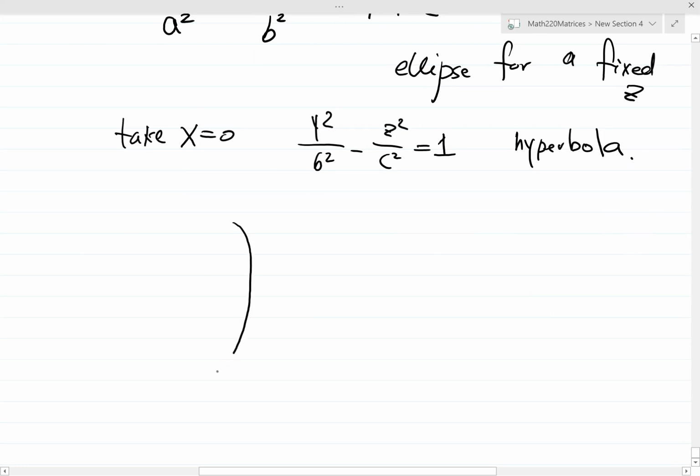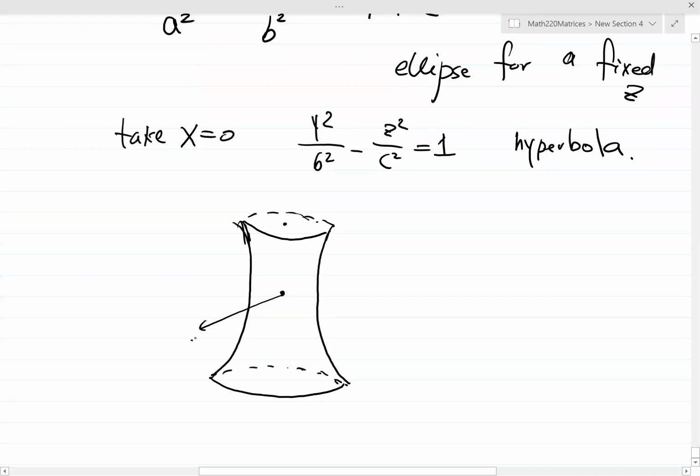You will see this very often. The cross section here is an ellipse, and here is an ellipse. Of course, it's symmetric, though when I plot it it's not quite symmetric. Maybe here x, y, and here we have z.